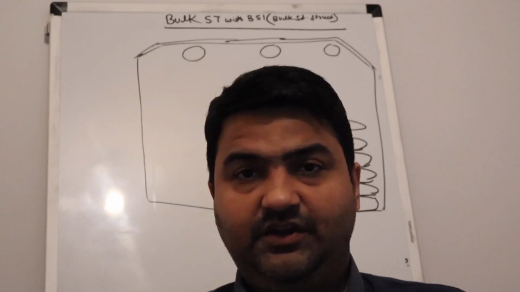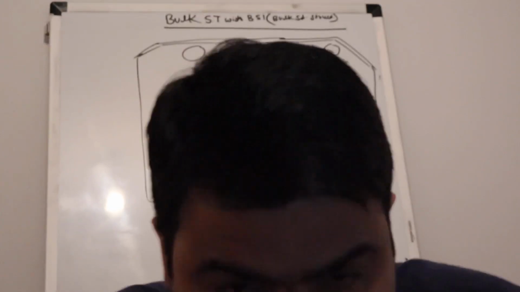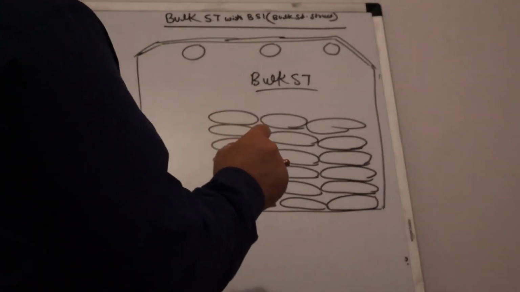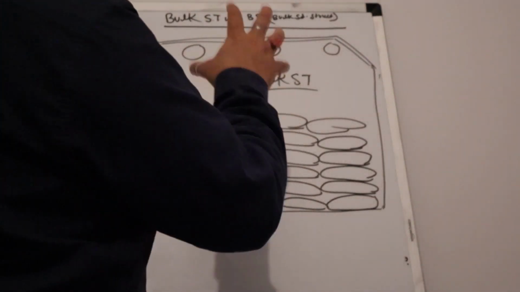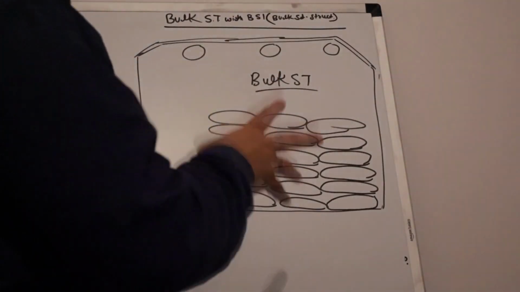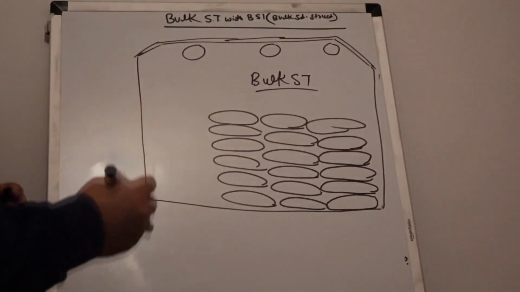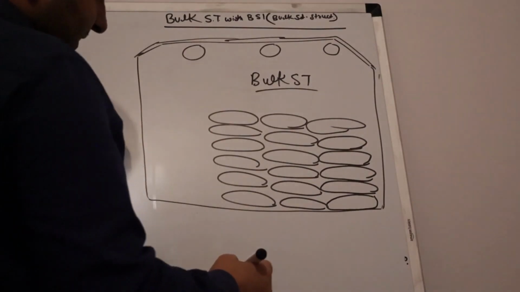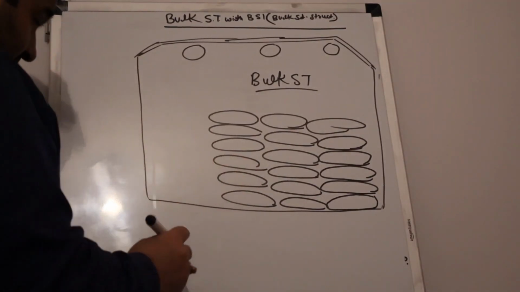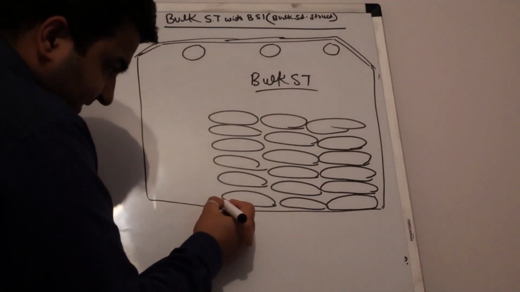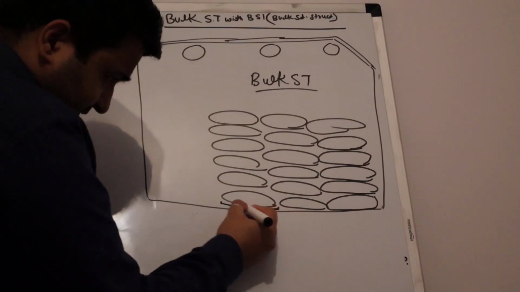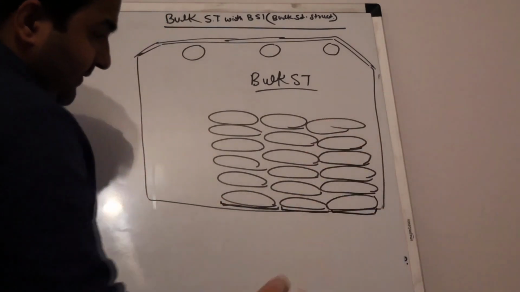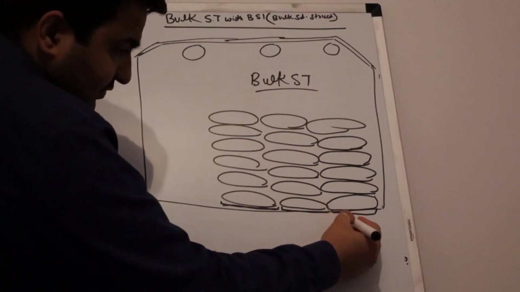The bulk storage indicator denotes that this storage type is a bulk storage type. When we put the bags like this in the same form, see carefully, the space the bag occupies is nothing but a bin, a storage bin.